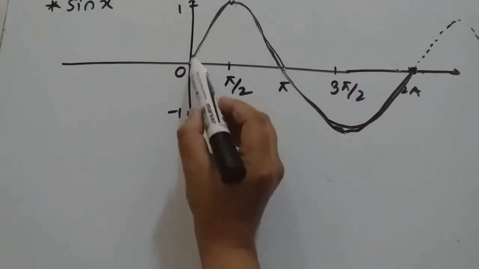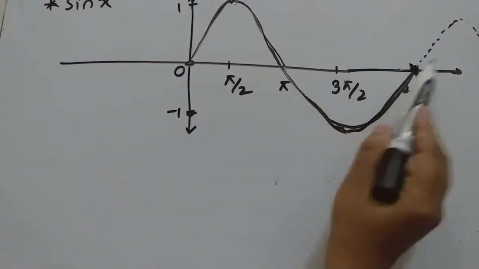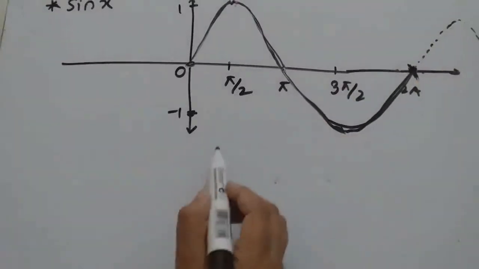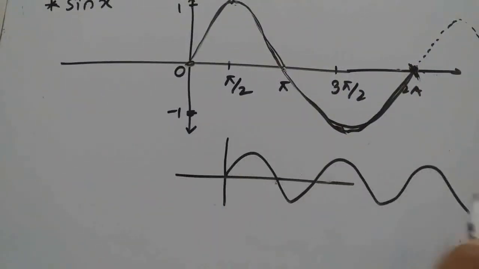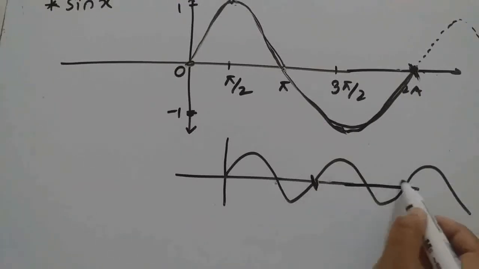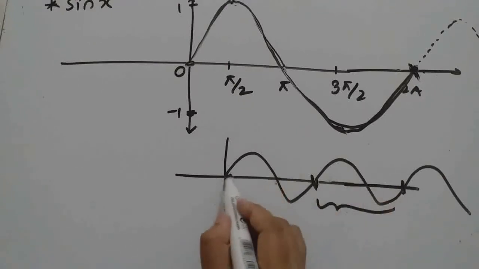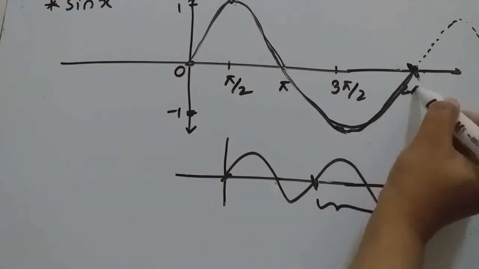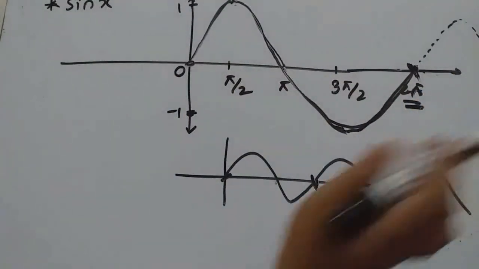After an interval of 2 pi, this graph is going to be repeated, isn't it? So after an interval of 2 pi, sin x values are going to repeat themselves.